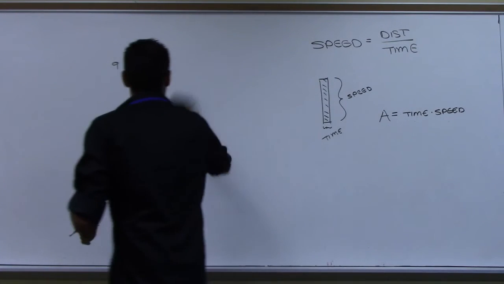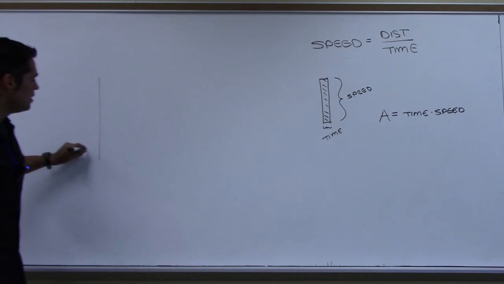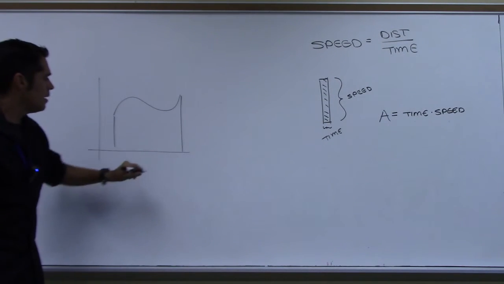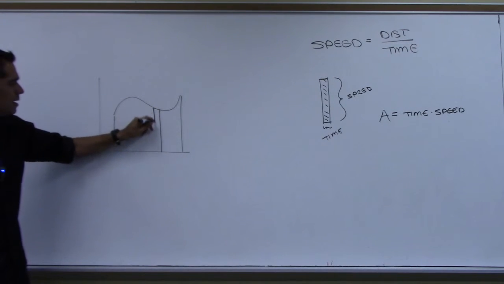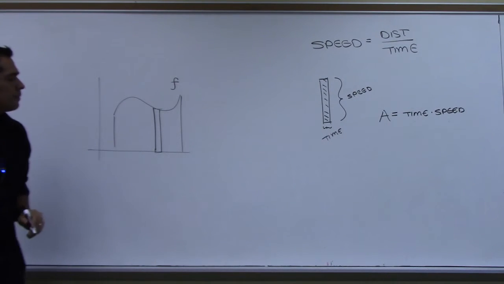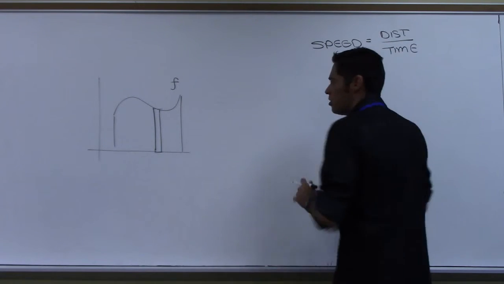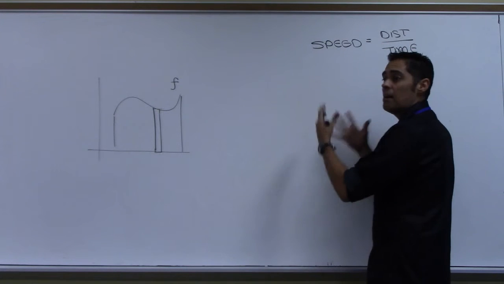So what Riemann sums says is that if you have some arbitrary curve, all right, and if you are able to take an arbitrary rectangle in here like this, okay, this is the function f, then what I need to be able to do to find the true area is I need to add up, right?